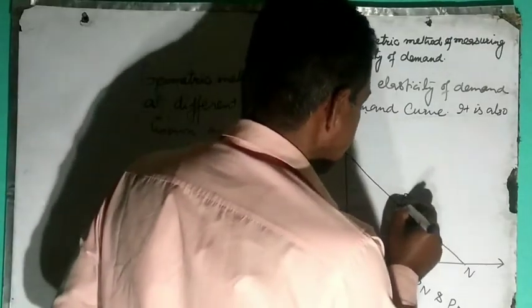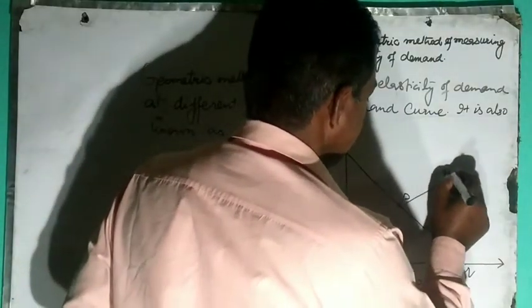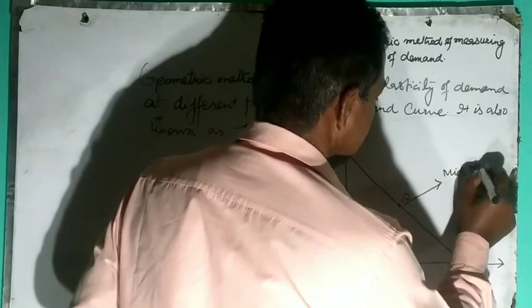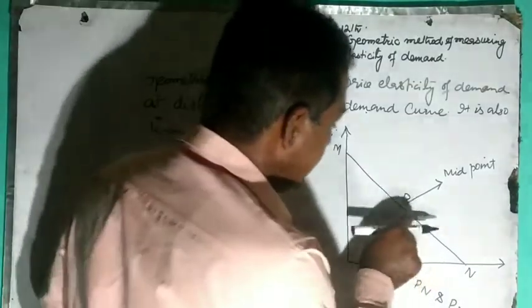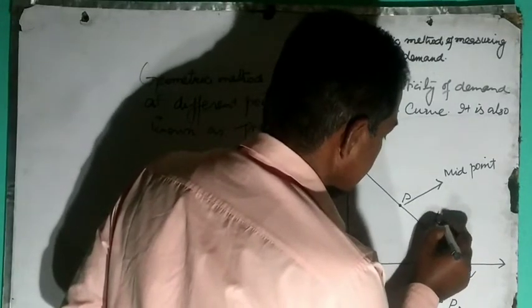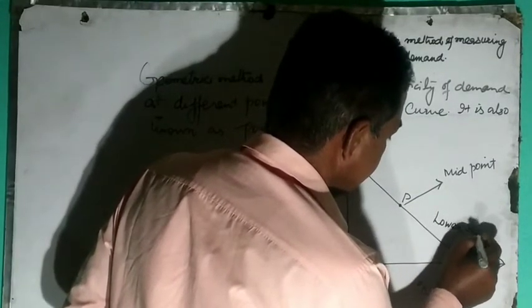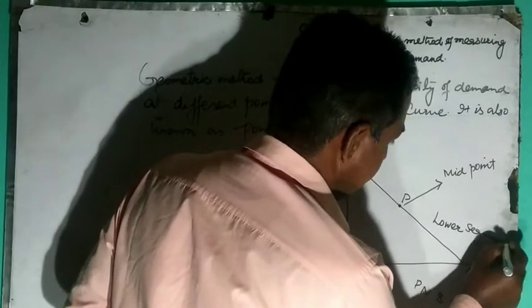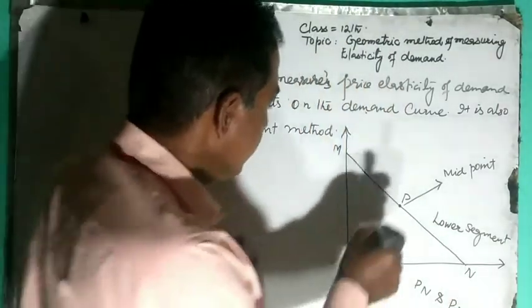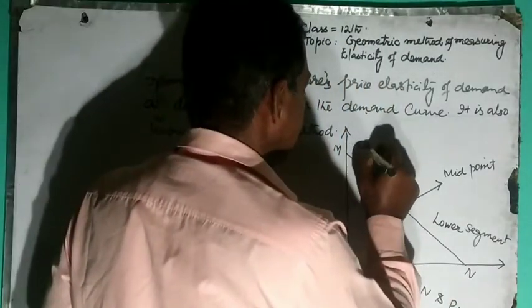We say that it is the midpoint. This portion is the lower segment and this portion is the upper segment.